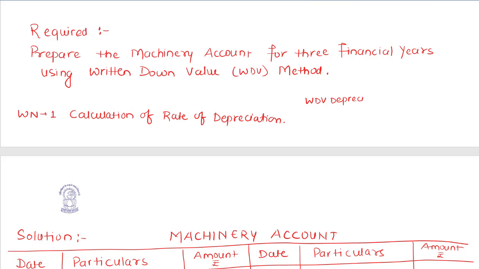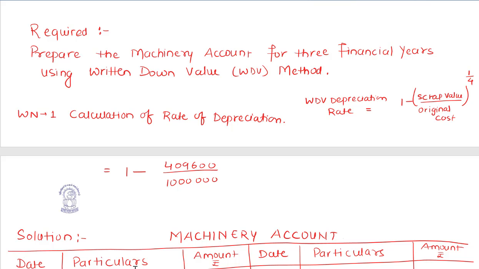WDV depreciation rate equals 1 minus scrap value, that is residual value, divided by original cost, to the power of 1 by time. So time is 4 years in this question, so we will write 1 by 4. So 1 minus scrap value is 4,09,600.